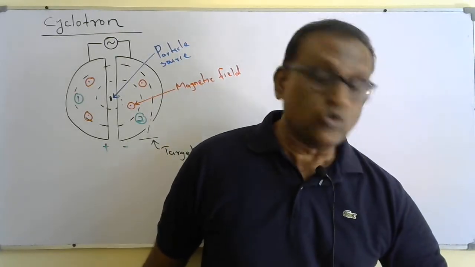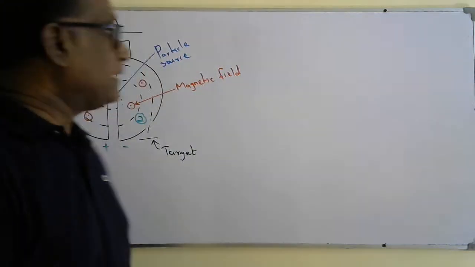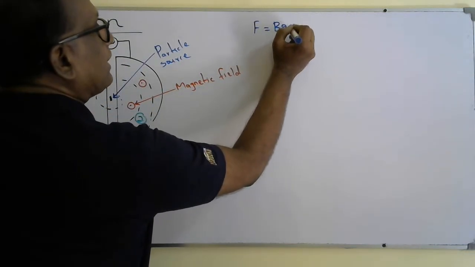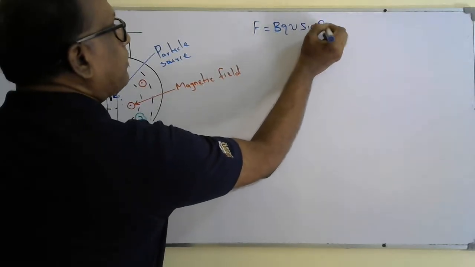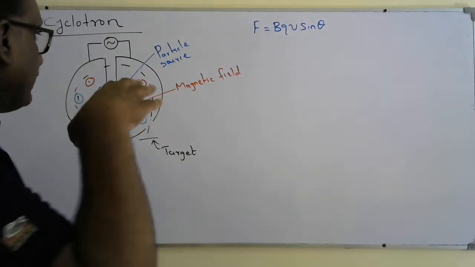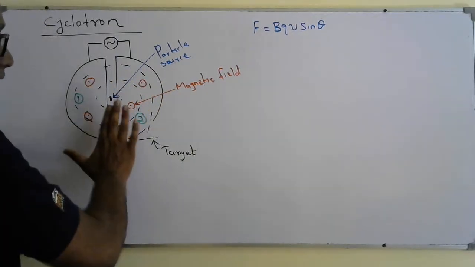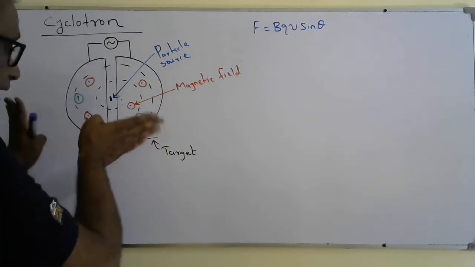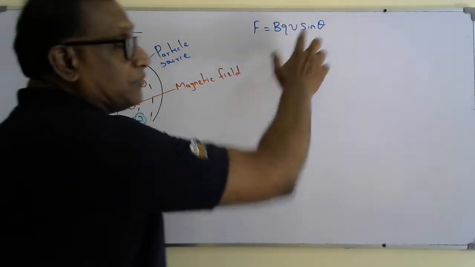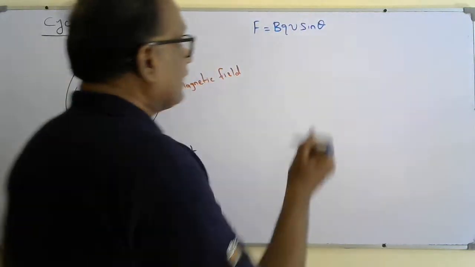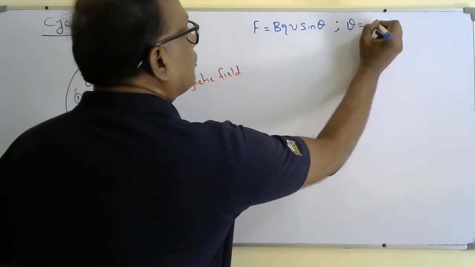We learned that when a particle moves in a magnetic field, the force experienced by the particle is given by F equals BQv sin theta. Here the magnetic field is perpendicular to the board, but the particle is moving on the plane of the board. That's the way the setup is. So the angle between the velocity of the particle and the direction of the magnetic field is 90 degrees, so theta equals 90 degrees.